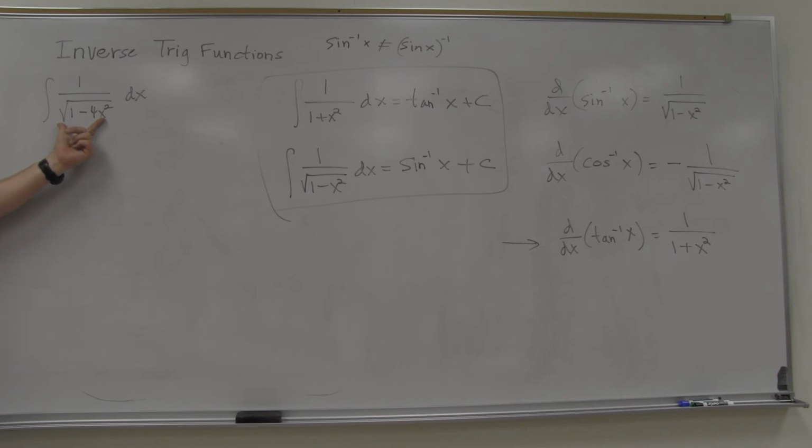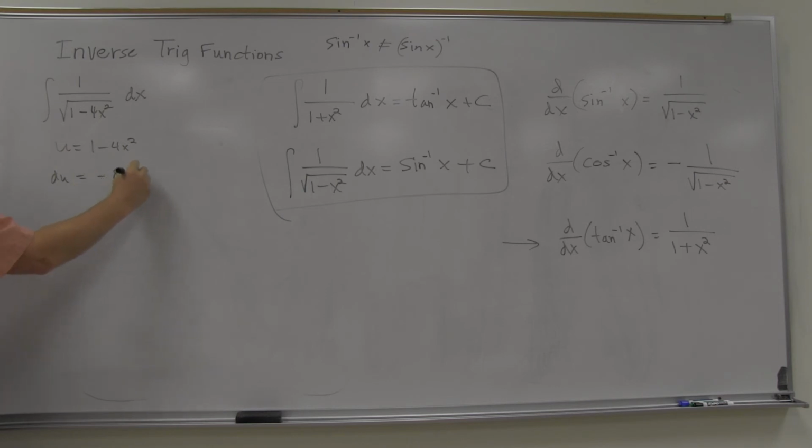My du would be minus 8x. What's the problem with that? I don't have any x to counteract that, do I?